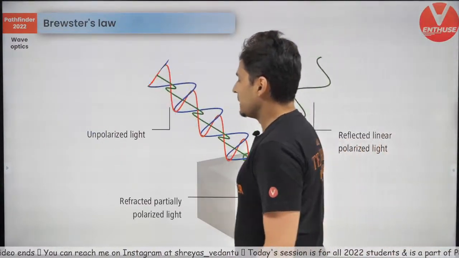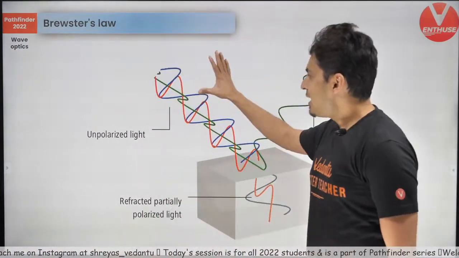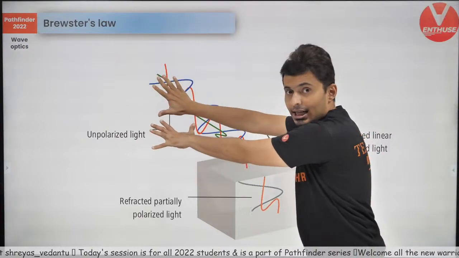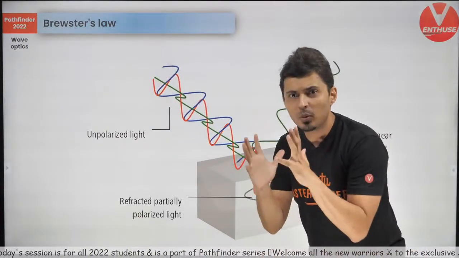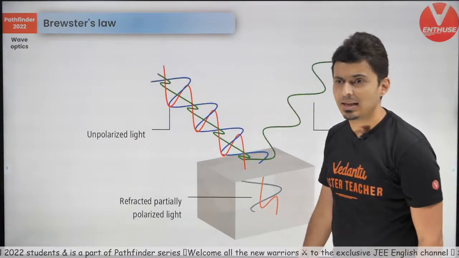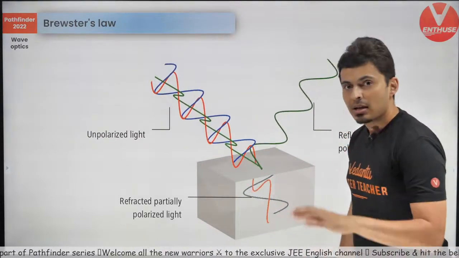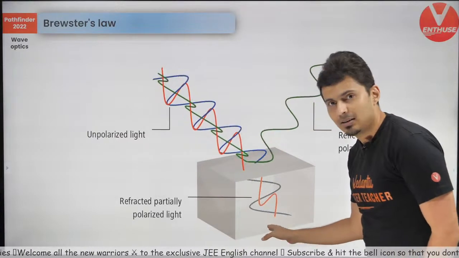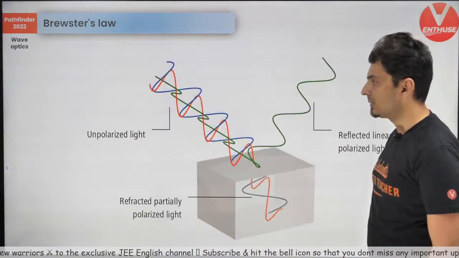Yeah. Cool. Brewster's law. Look at this. If you have unpolarized light, which has planes of oscillation in multiple directions, and it falls onto a denser medium, two things are going to happen. One part will be refracted, that means it will go into the denser medium. A part of it will be reflected.